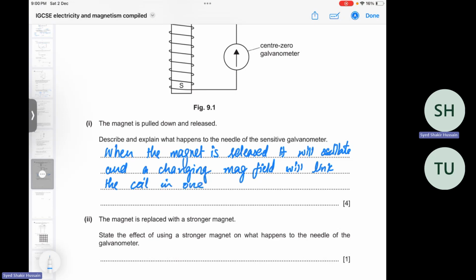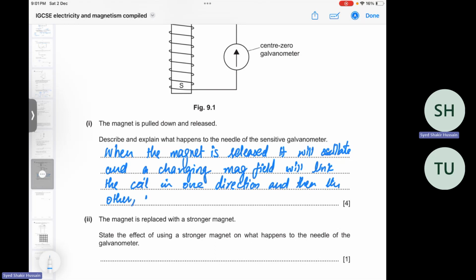Mentioning this will score you 1 mark, and mentioning that it will link in one direction and then the other will score you another mark.